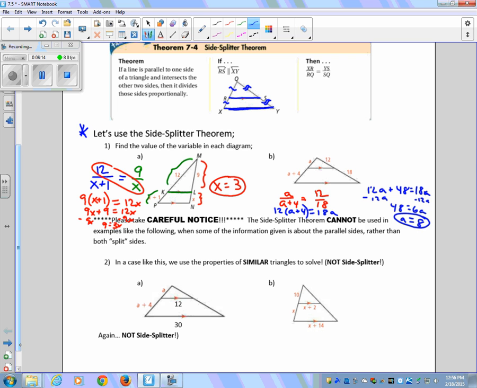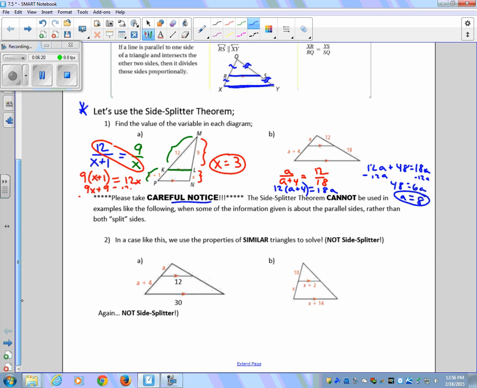Now, please take careful notice, because when you have a situation where this diagram looks just like these diagrams we had up here, this is a case where you cannot use side splitter. It's because you don't have information about both split sides.